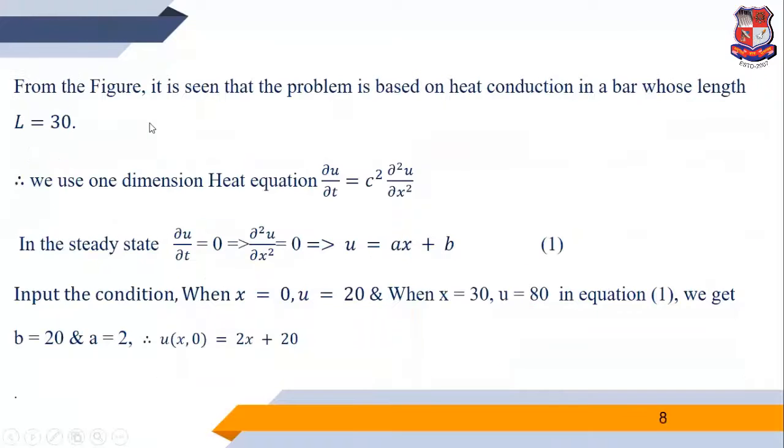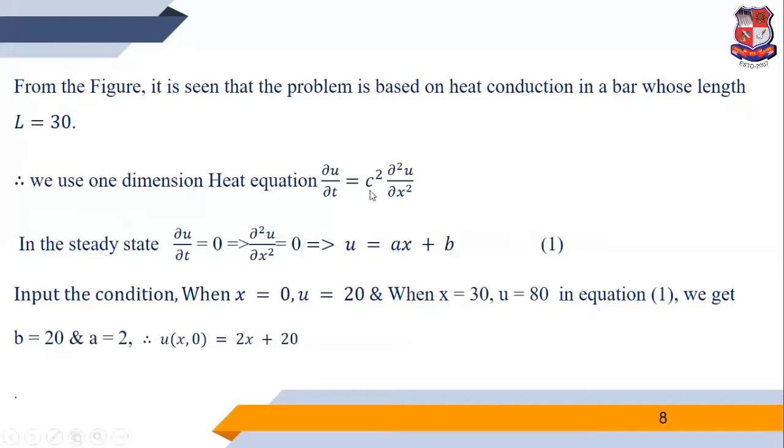So from the figure, it is seen that the problem is based on heat conduction in a bar whose length L is equal to 30. Therefore we use the one-dimensional heat equation.